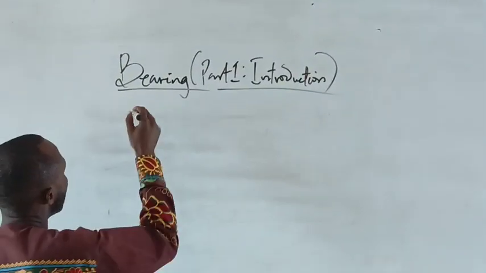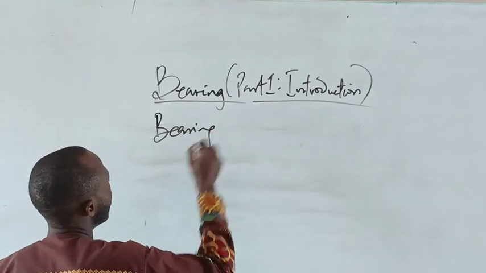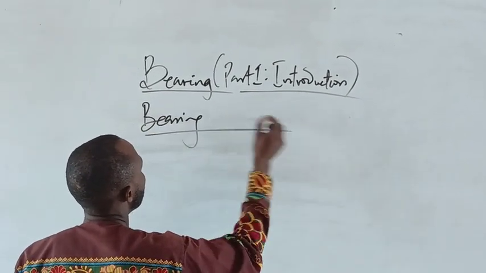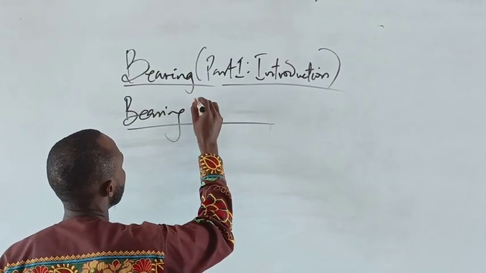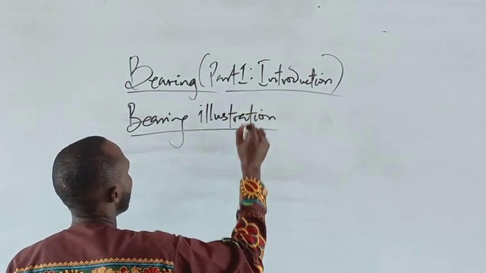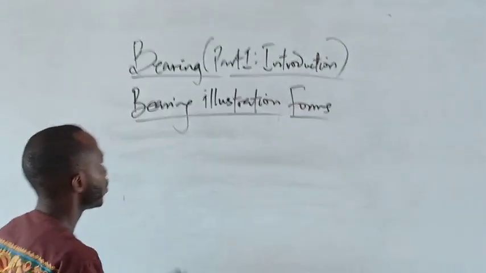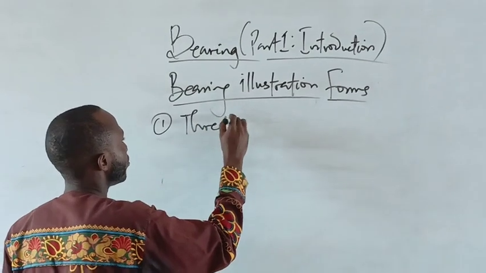Okay, so bearing illustration. Forms. Okay, so number one, we have what we call the 3-digit form.